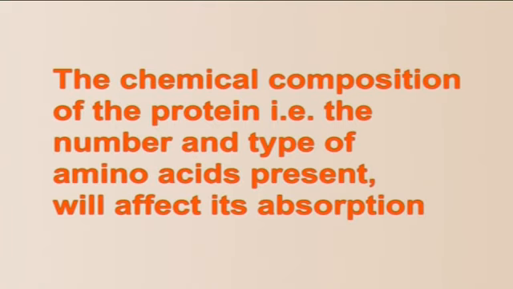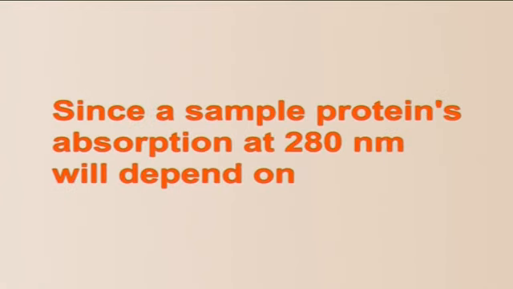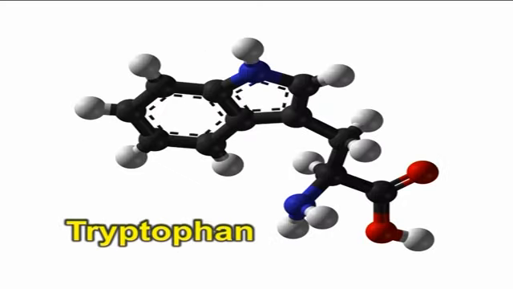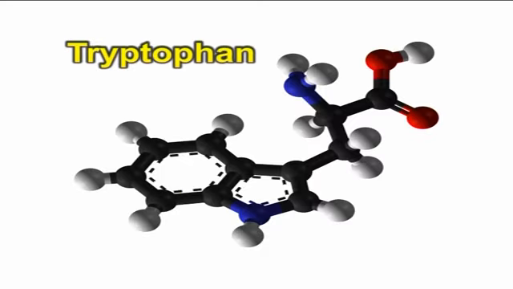The chemical composition of the protein, that is the number and the type of amino acids present, will affect its absorption, since a protein sample's absorption at 280 nanometers will depend on the amount of the amino acids tyrosine and tryptophan. It is very much possible that proteins of similar molecular weight will have different absorbance values due to their different tyrosine and tryptophan content.